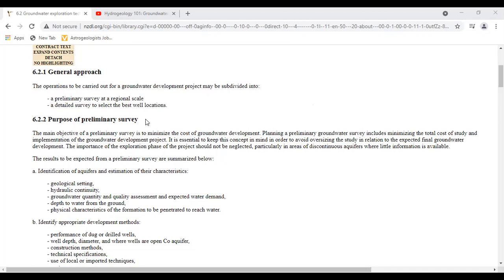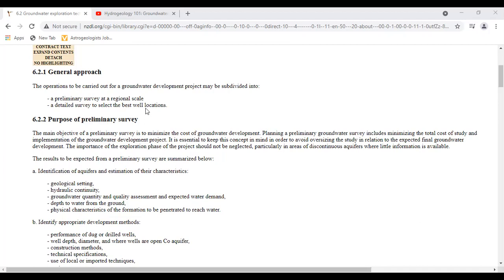First, if we want to identify a water well, we have to observe the outcrop. For example, a farmer comes to us and asks us to identify a bore well. So we go to his crop field.